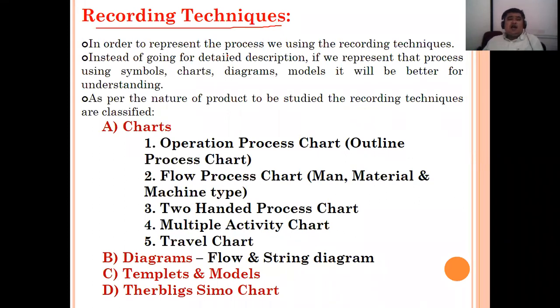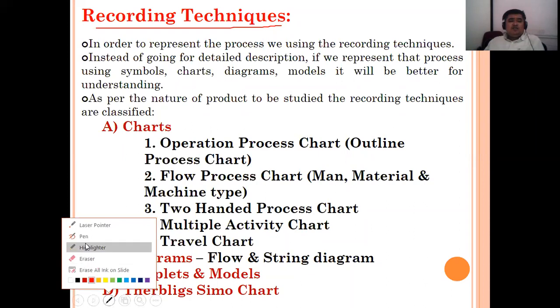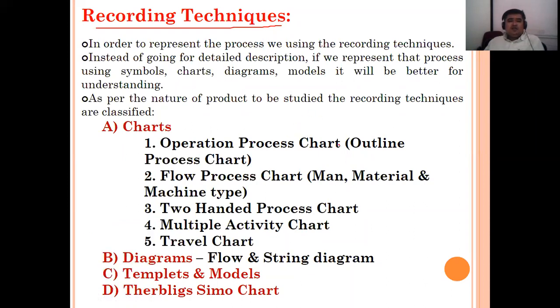In your CAD work, you might know different symbols are used. In assembly sheets, you are using different symbols. Can anybody tell me what is the symbol of this? I will draw some symbols on this side.